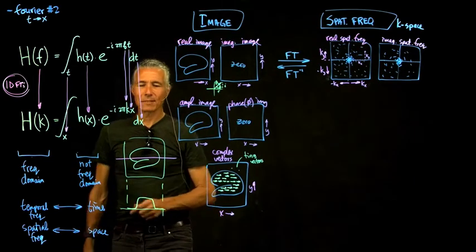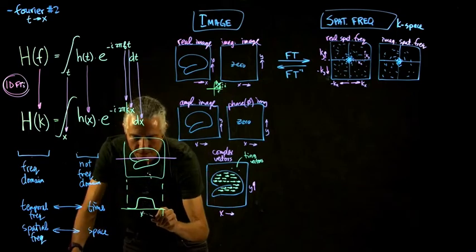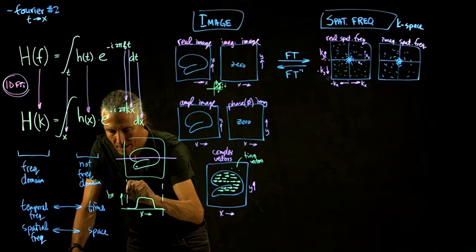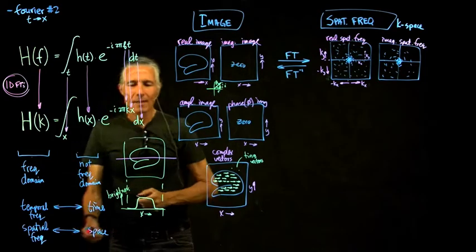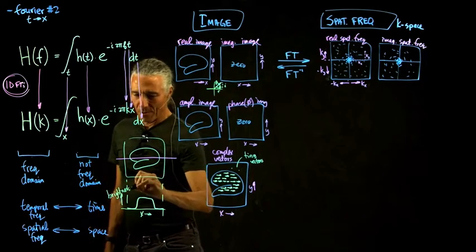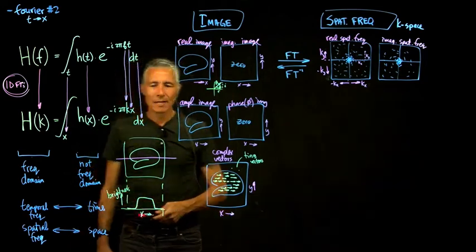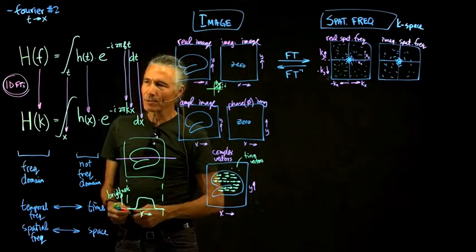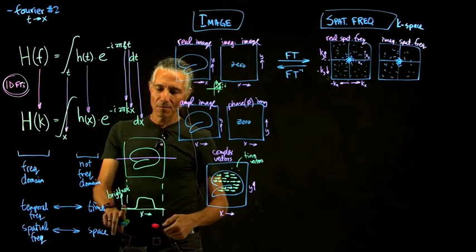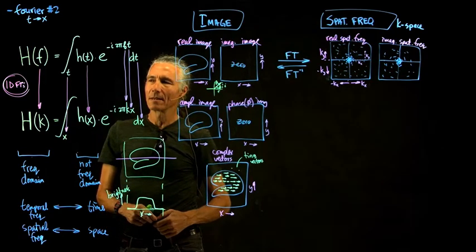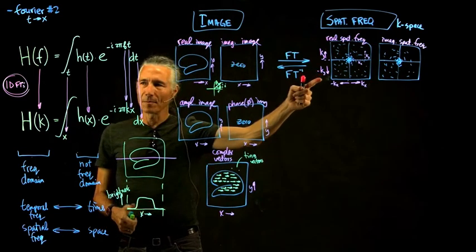So this is X here, and this is brightness. Now the question is, what spatial frequency does that correlate with? It turns out it correlates with spatial frequency 1. So spatial frequency 1 is by far the largest number in the Fourier transform.